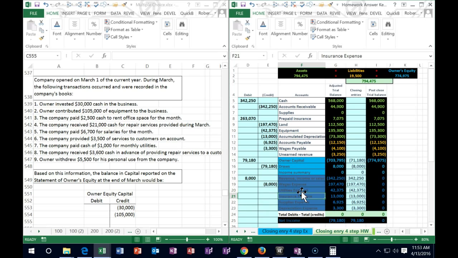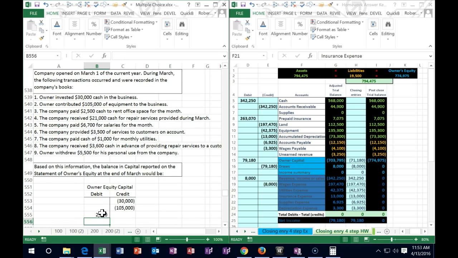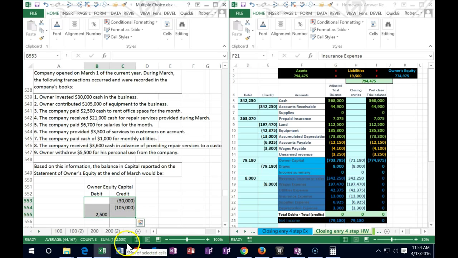All expenses are going to be part of the equity account in the end of the game. So we've got 2,500 cash for rent. In terms of total equity that's going to be in the capital account at the end, we're going to debit 2,500. So as far as total equity goes, we credit this plus this minus this. And that in our taskbar gives us the 132.5 right there.